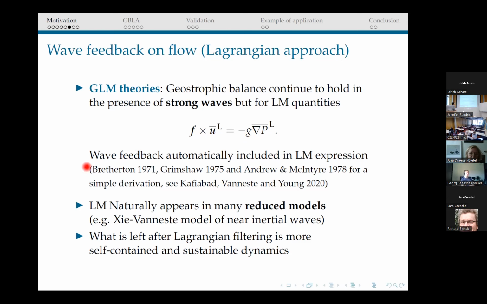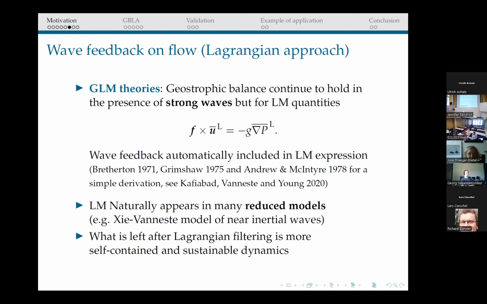And here, I'm standing on the shoulders of giants. There's been a lot of theoretical work back in the 70s and 80s and up to now. If you want to see a simple derivation of this wave-averaged geostrophic balance, you can go to this recent paper that we worked on. Wave-averaged geostrophic balance is just one example.